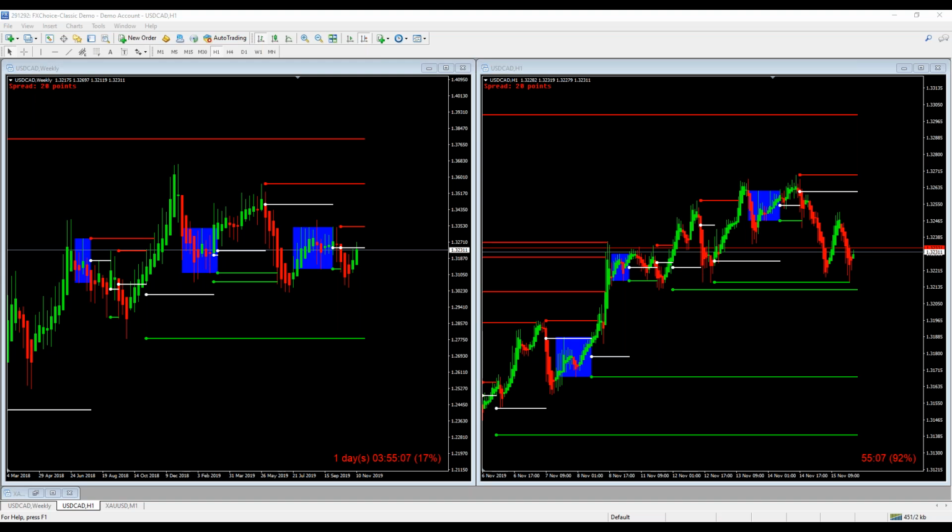So what I wanted to go over with you guys today, just really quickly, is this: one of the things that we get a lot of questions on is basically how do I equate the master pattern scenario to the boxes and the liquidity lines, and how do I see that?